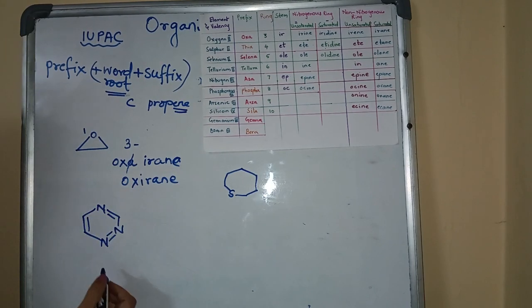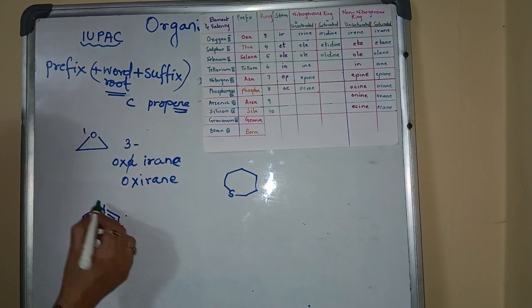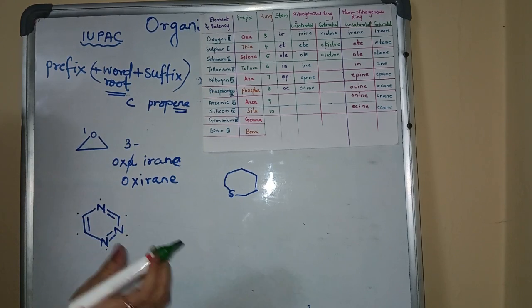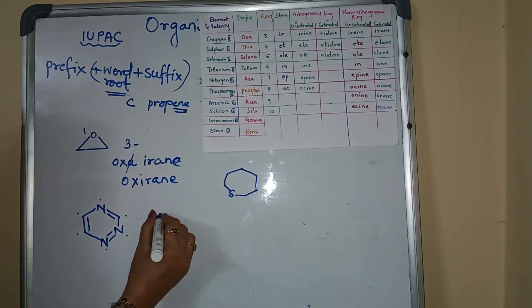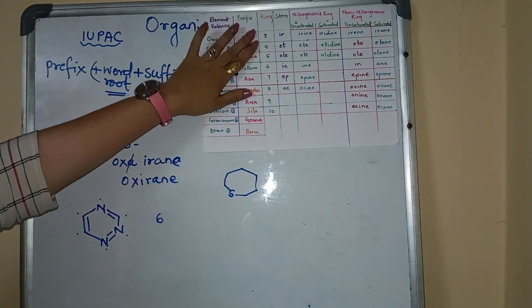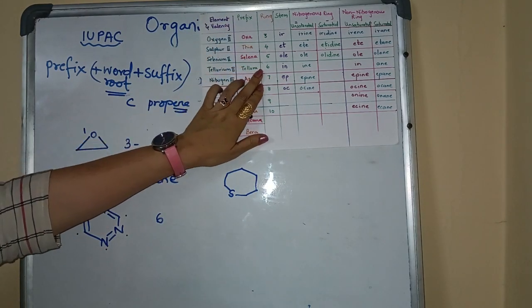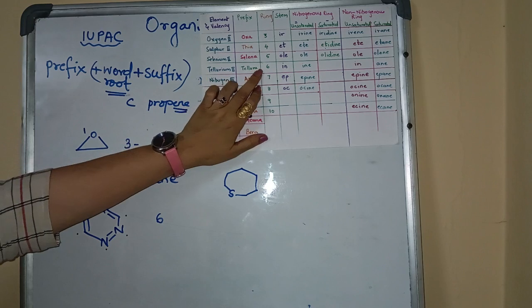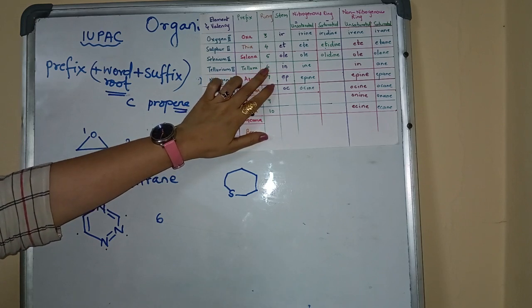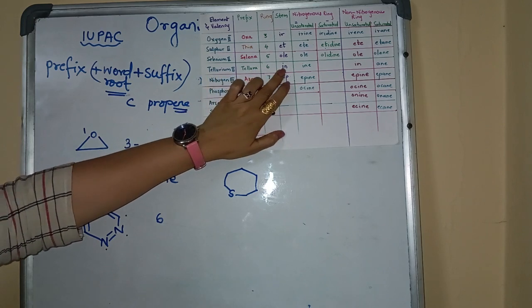Let us see this ring. Let us see how many atoms are present. 1, 2, 3, 4, 5, 6. It is a 6-membered ring. The stem here is IN.